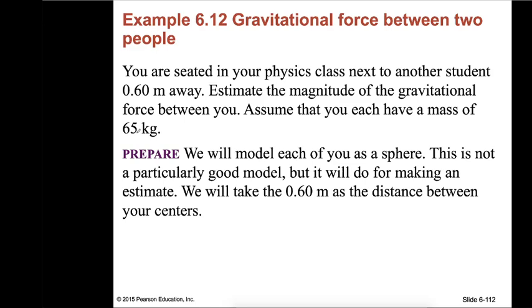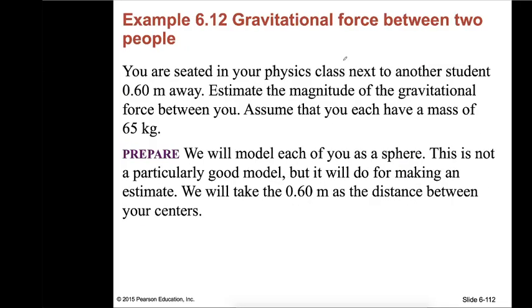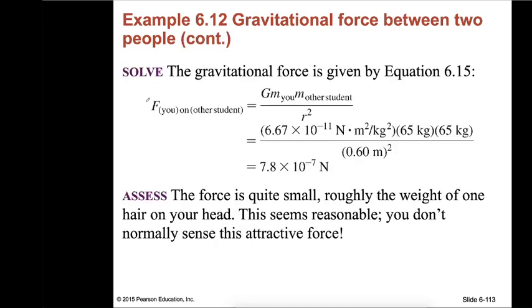Okay, you know the mass, you know the distance. Then you can calculate the gravitational force using this equation, G m1 m2 over r squared. m1 is 65. m2 is also 65. r is 0.6. So you can calculate it.